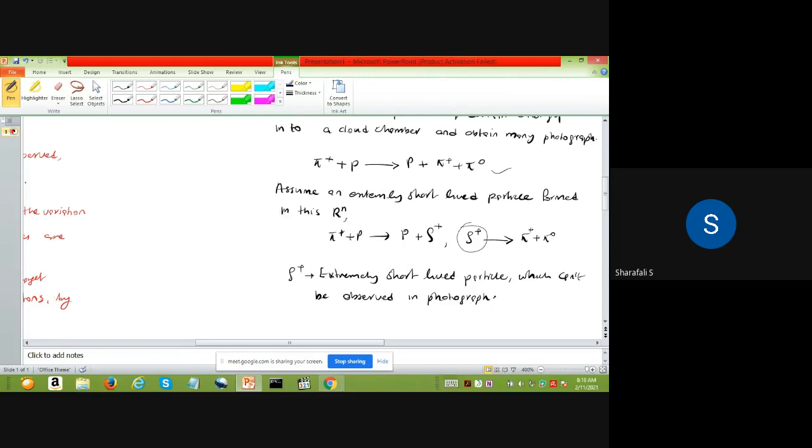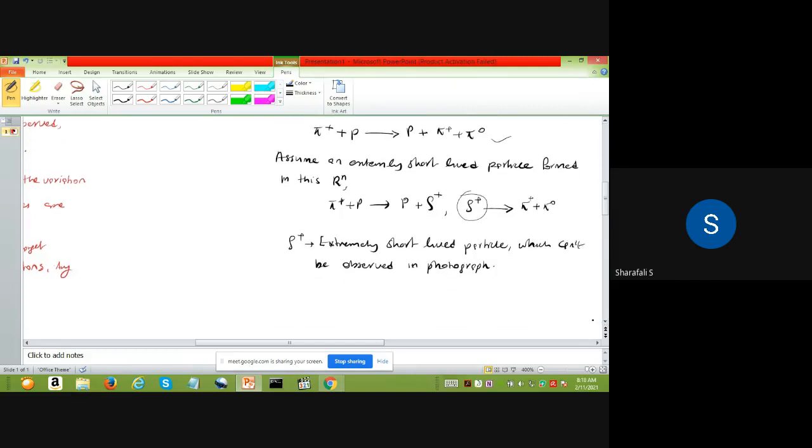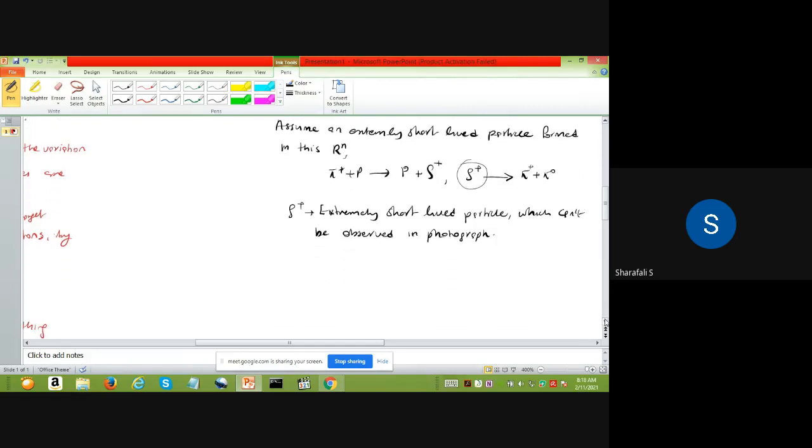So if they cannot be observed in photographs, how can we claim our hypothesis that this rho plus is formed? If we cannot observe them in the photograph, how can we detect them? How can we claim our hypothesis that this rho plus is formed in that particular interaction?